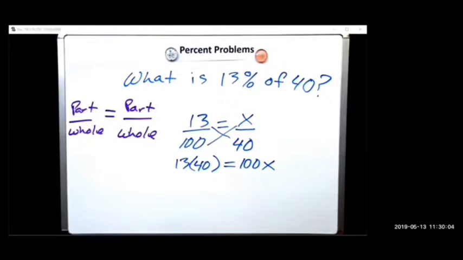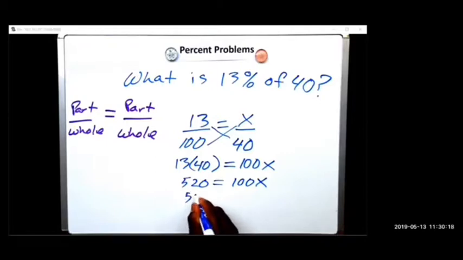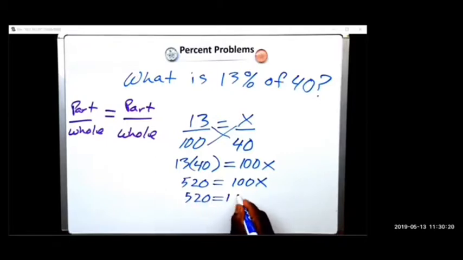All right, so 13 times 40 gives us 520 equals 100 times x. Okay, now I'm going to write this again so I can make the next step explicit. And the opposite of multiplying x by 100 is to divide by 100.